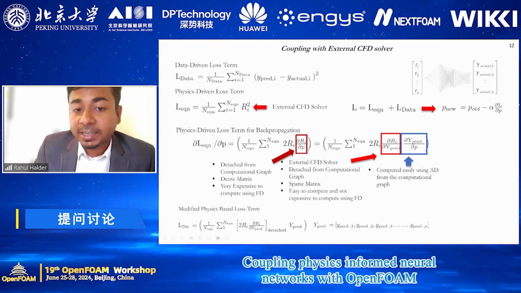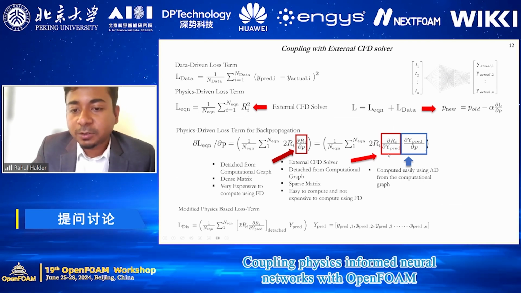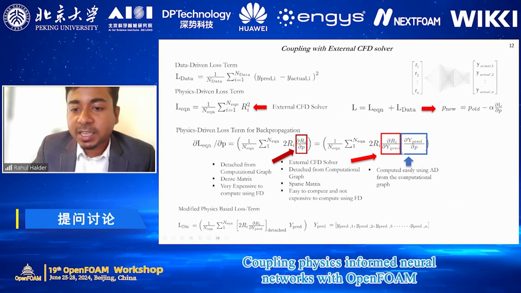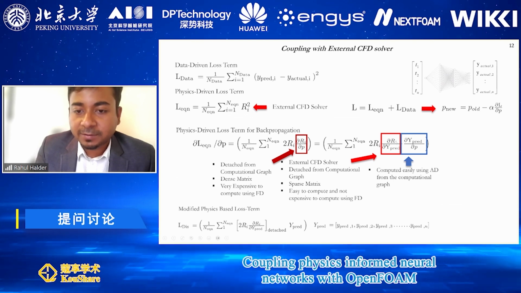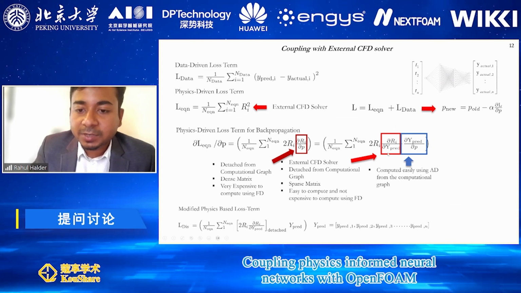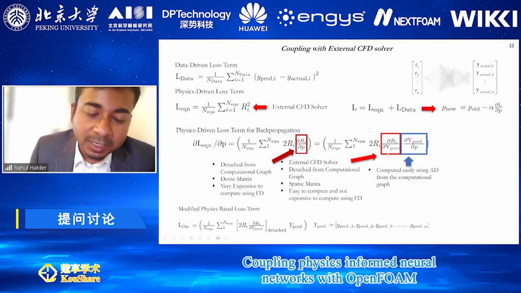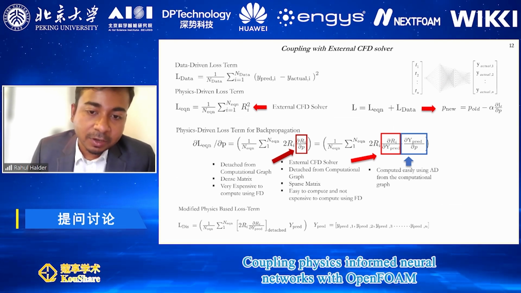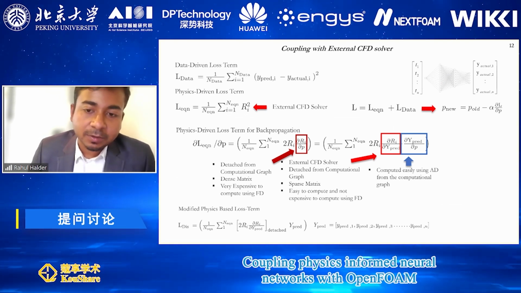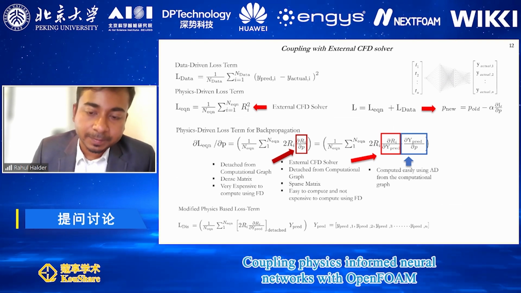So it will be a very dense matrix. But if you break it into two parts, it is easier to compute these two terms. I did this using finite difference. I did not use any discrete adjoint or anything like that, and I'm not aware of that part, but that's the key idea here.